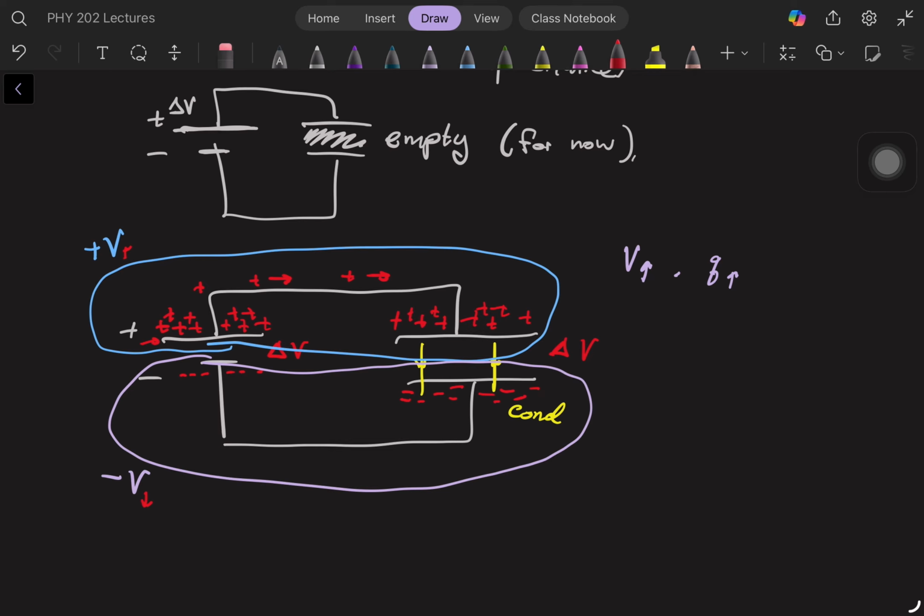Okay. And then since capacitance is how much charge we can store, we also kind of expect as capacitance increases, the amount of charge would increase for a fixed voltage.